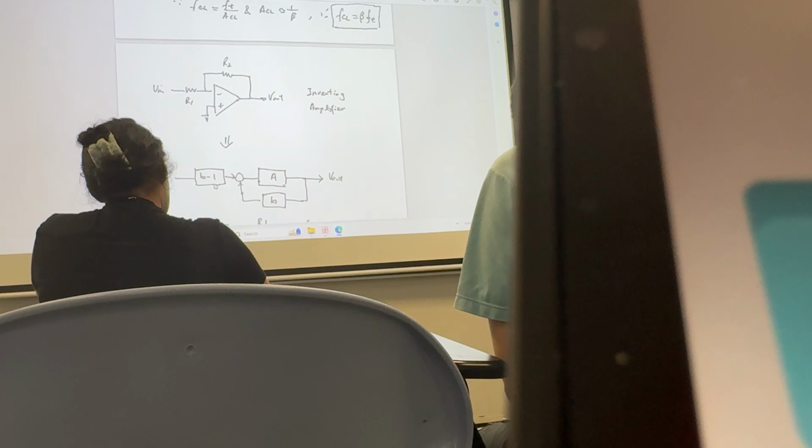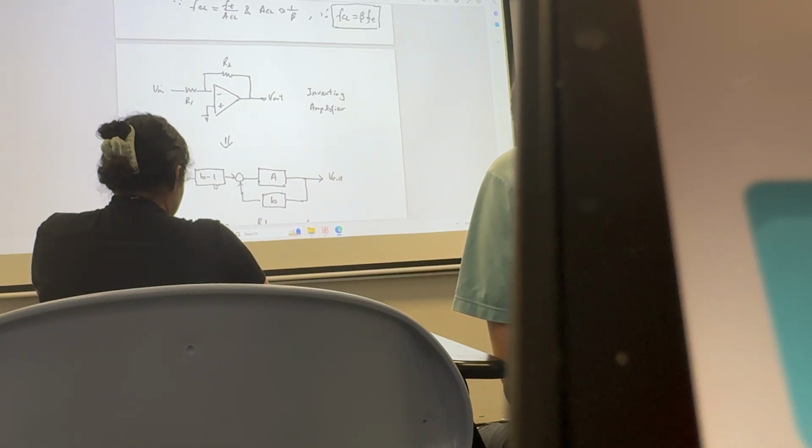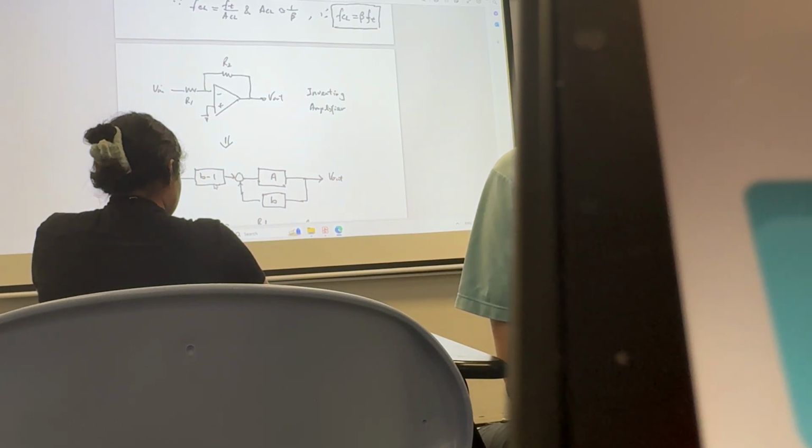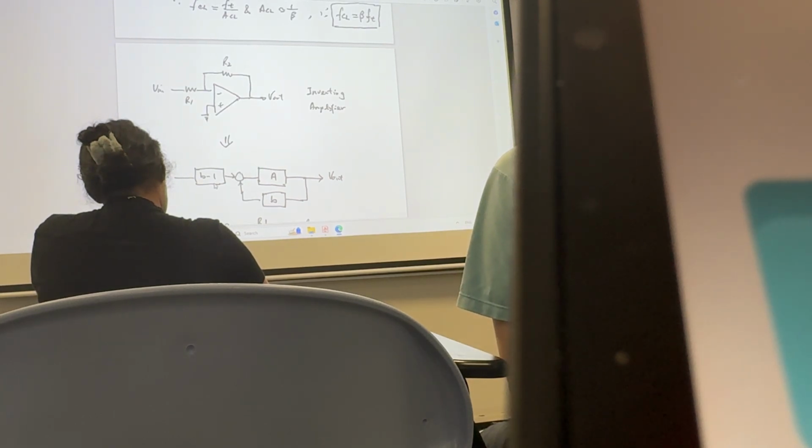Okay, this is V in, this is V out, this is an open loop gain. You measure this V epsilon. Remember that you are not an ideal op-amp. For an ideal op-amp, V epsilon is 0, right? When A is finite, you will absolutely have something. You apply the potential difference V epsilon.